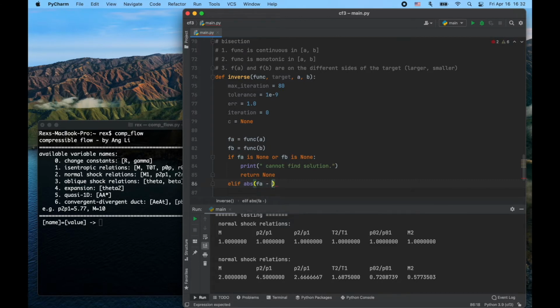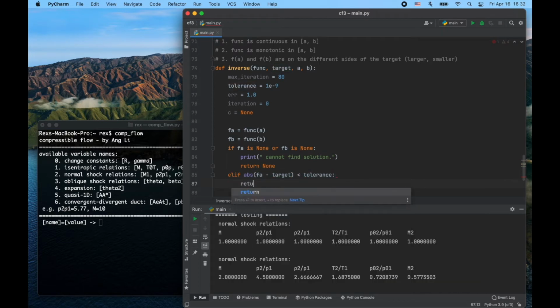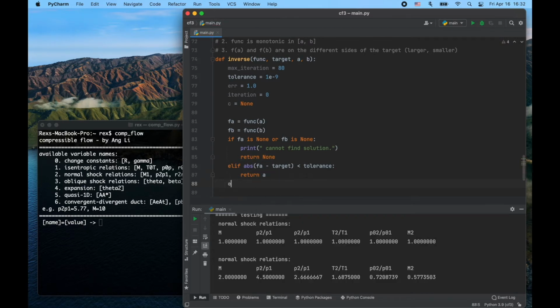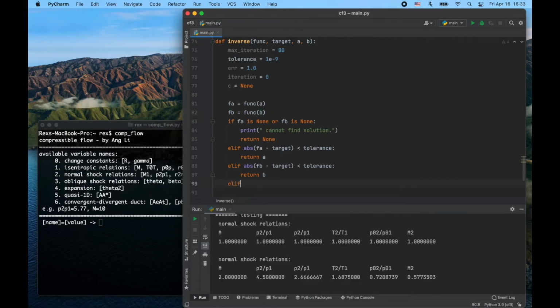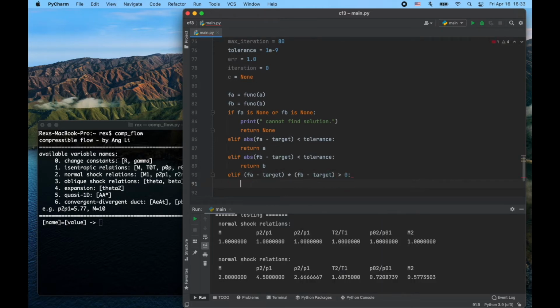If A is already really close to our target, we simply return A. Or if B is already really close to our target, we return B. Of course, if A and B are on the same side of the target, we won't be able to find any solution.